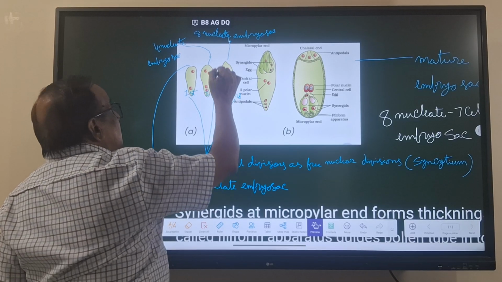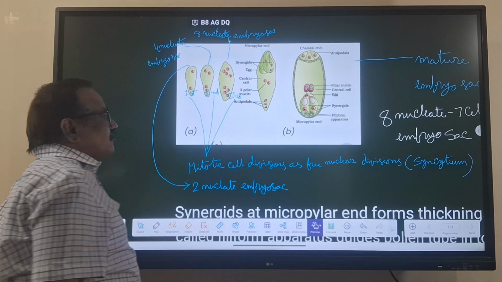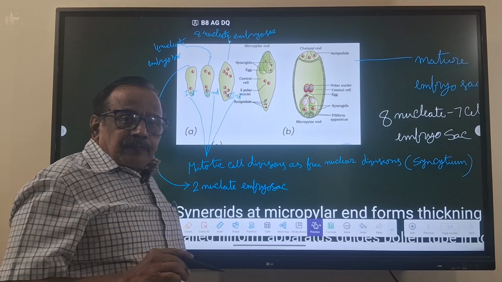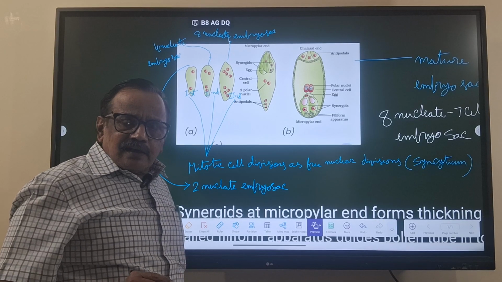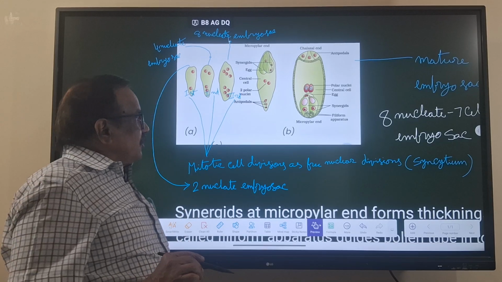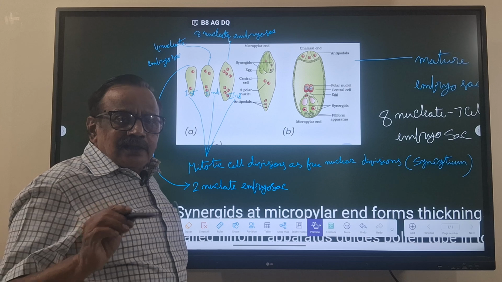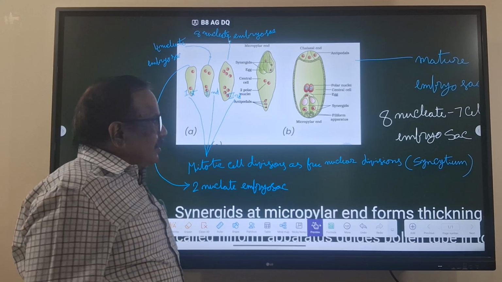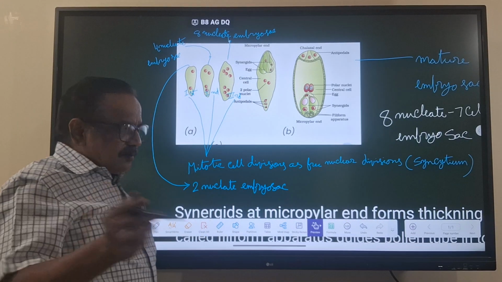Again one more mitotic division is taken and at each pole 4 free nuclei are present. Up to the formation of 8 nuclei, it takes mitotic division. The free nuclear divisions without cytokinesis have a technical word in the mitosis of cell division. What is that word? Syncytium. Remember, note it down.